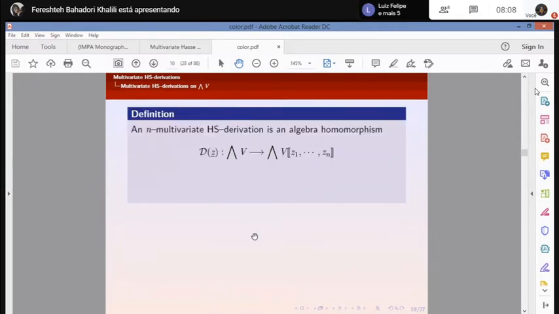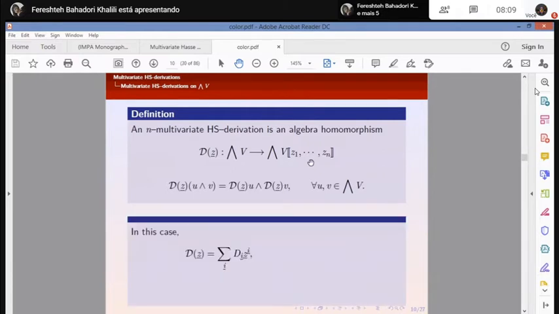So the n-multivariate Hasse-Schmidt derivation is again an algebra homomorphism. Just in this case, we increase the number of variables in the algebra of power series.